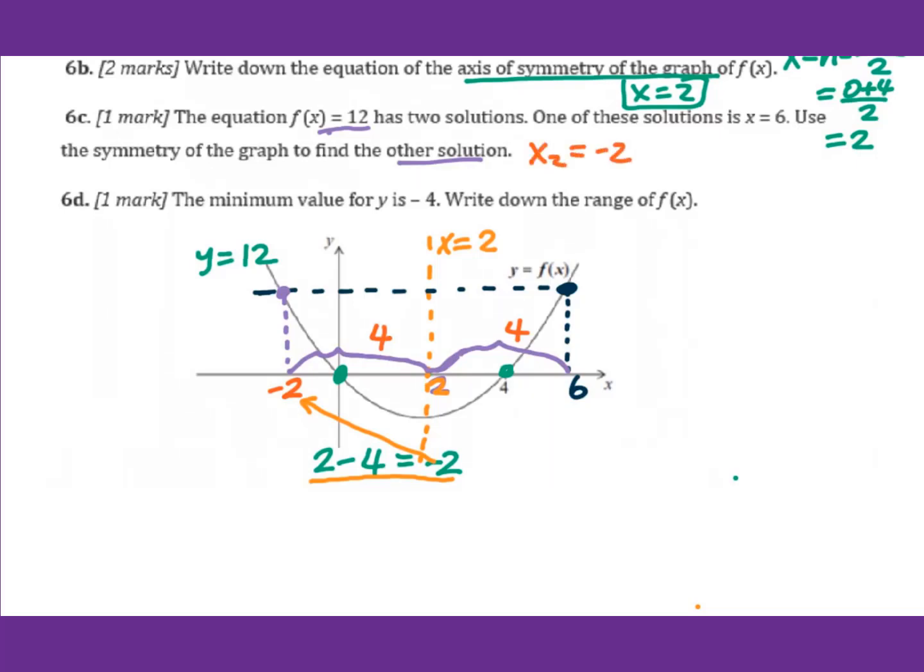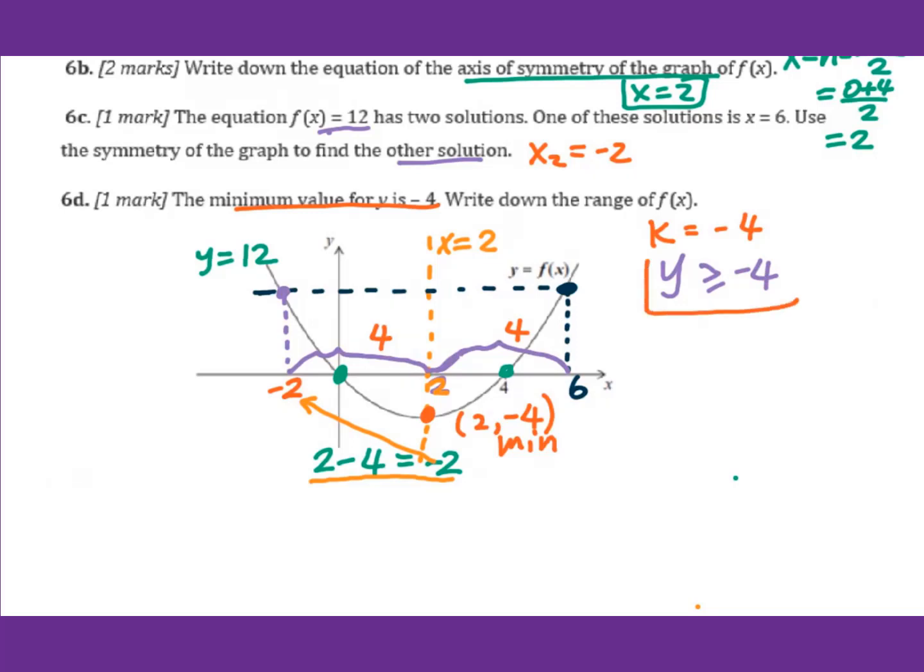The minimum value for y is negative 4. Write down the range of f of x. Minimum value, which means k equals negative 4. It's this point. That you have 2, negative 4. Since this point is minimum, therefore, for the range, we can write down y greater than or equal to negative 4.